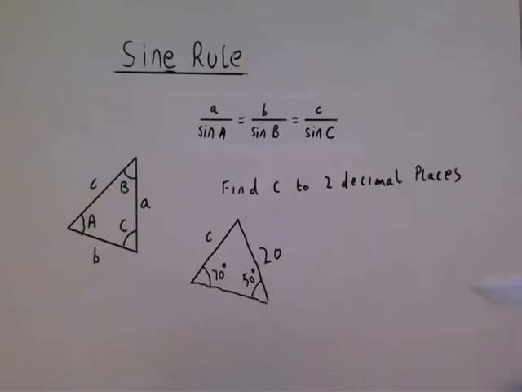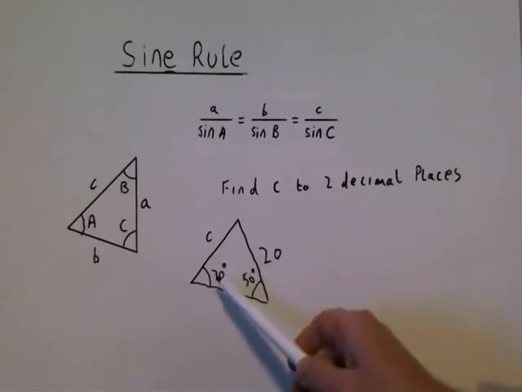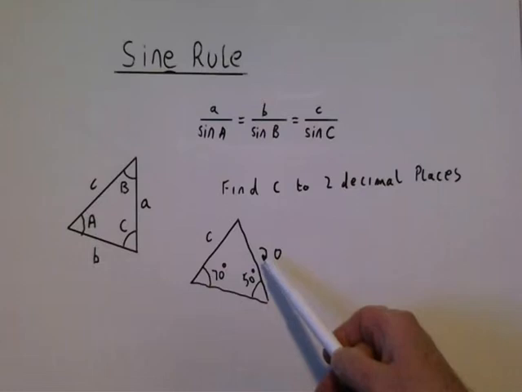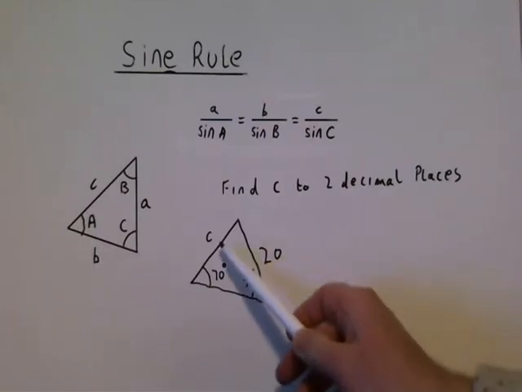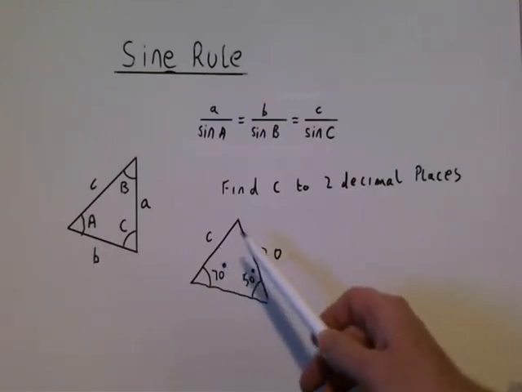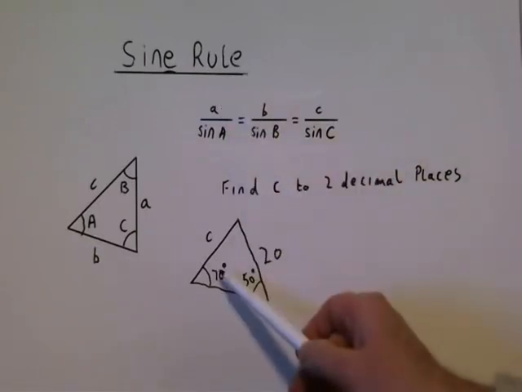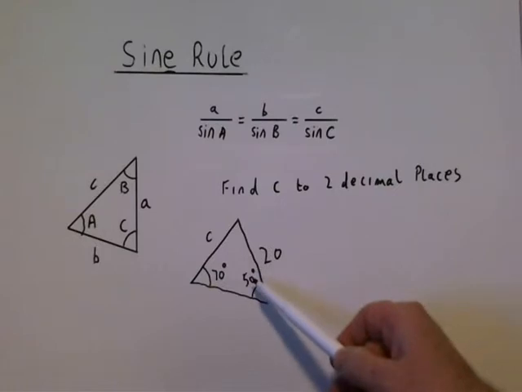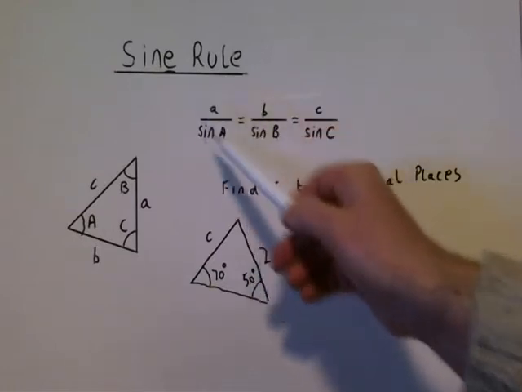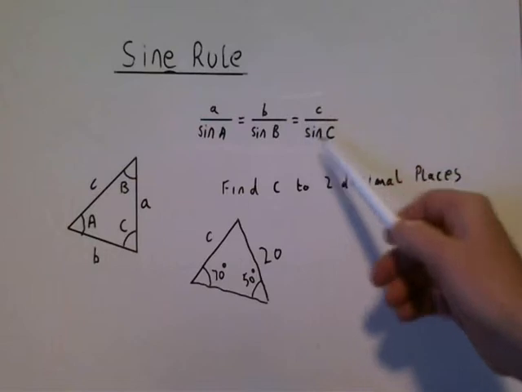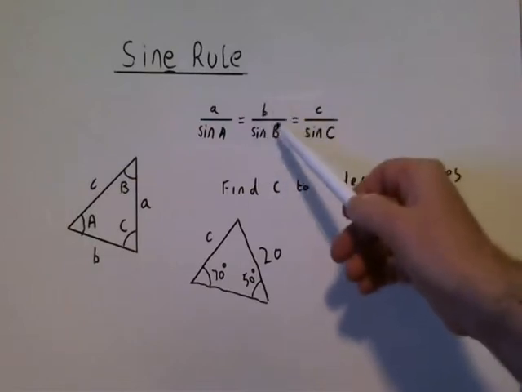So in this example we've got this angle and that side, and this angle, and we don't know that side. Well, if we look at this side corresponds to the a and the angle A, and that would correspond to angle C. So we need this portion and this portion. So we just miss out this bit here.